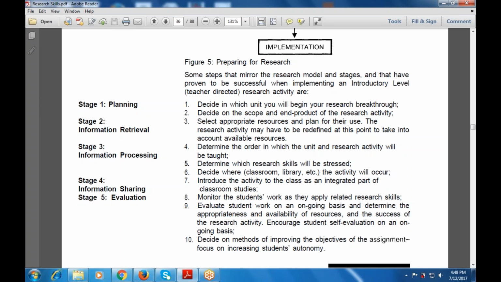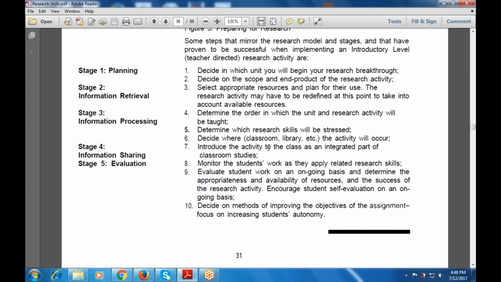Then select the appropriate resources and plan for their use. The research activity may have to be redefined at this point to take into account available resources. This order will be used for the unit and research activity that will be taught in information processing, which is an important part of improving student activeness and motivation.